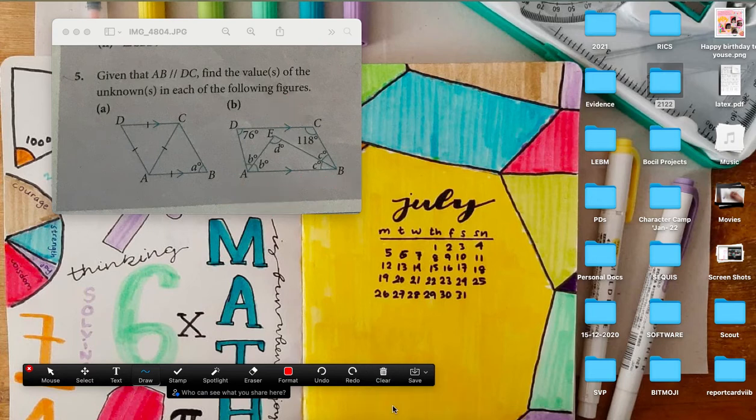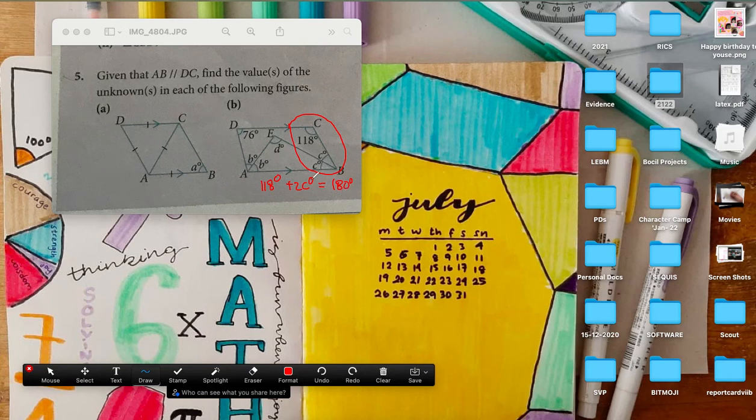Next, the value of C. I'm gonna do a similar thing just like I did finding B, but with the right hand side of the shape. It will be 118 degrees plus 2C degrees equals 180 degrees again because of supplementary angles or interior angles.